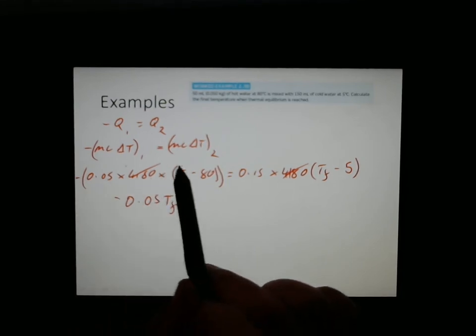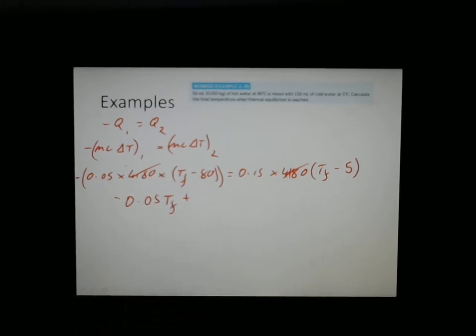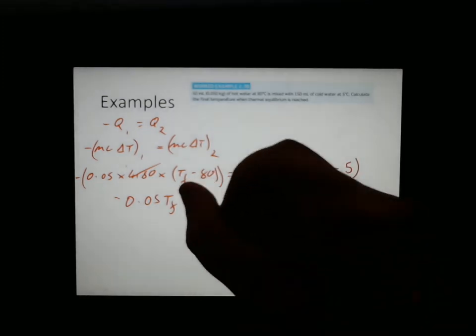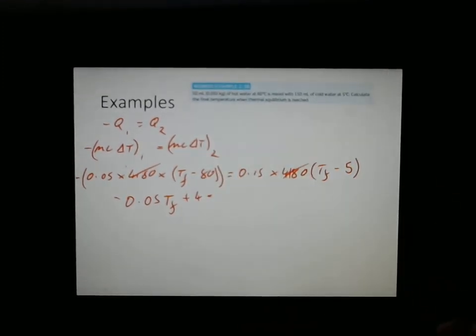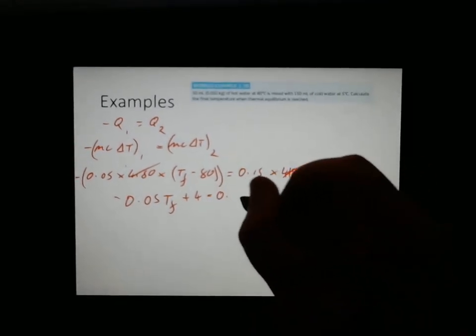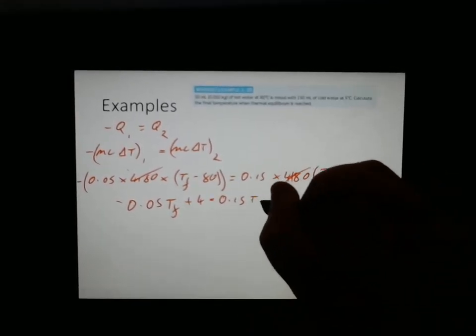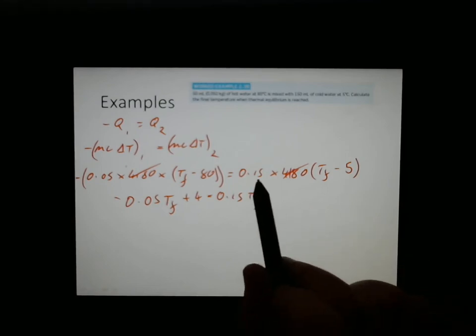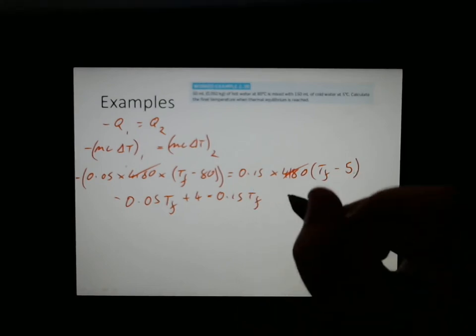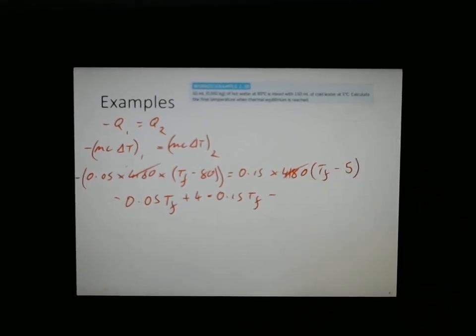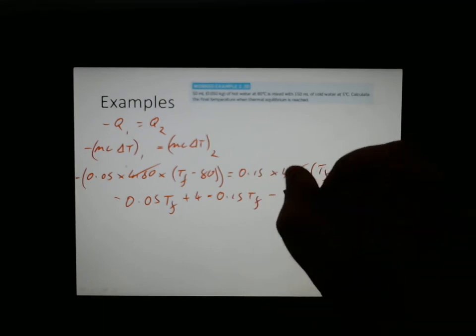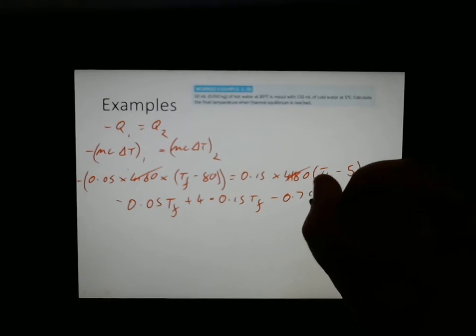There's a negative here times a negative, so we're going to have a plus. And so we have 0.05 times 80, which will give us 4, equals, now we have 0.15 TF, and then we have 0.15 times negative 5, so it will be negative. 0.15 times 5 is going to be negative 0.75.